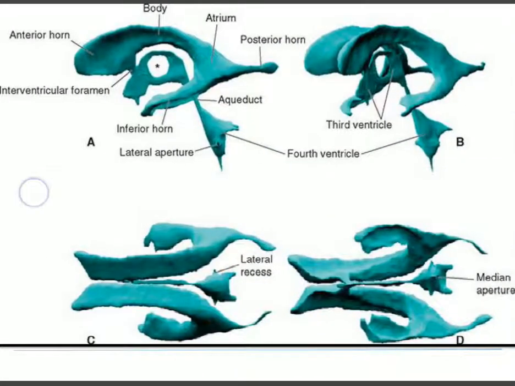With the help of this image, the various views of the lateral ventricle can be seen and its parts understood. This is the body, the central part, this is the anterior horn, this is the posterior horn, and this is the inferior horn. The anterior horn is towards the frontal lobe, the posterior towards the occipital lobe, and the inferior towards the temporal lobe.